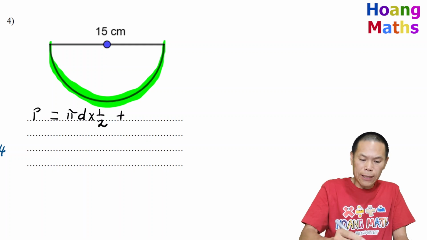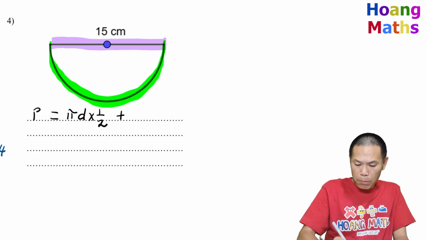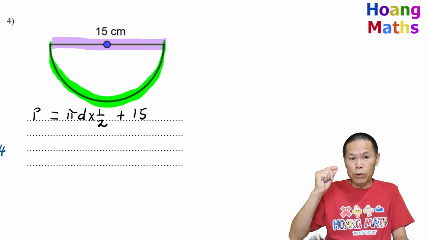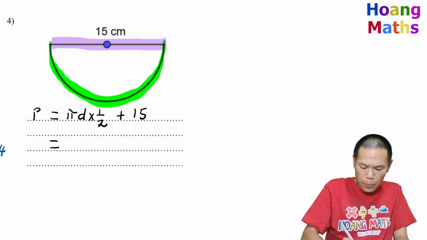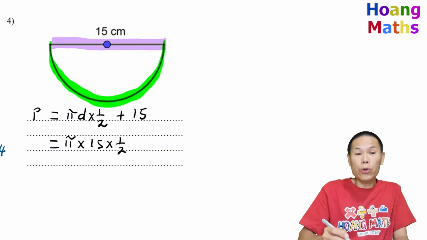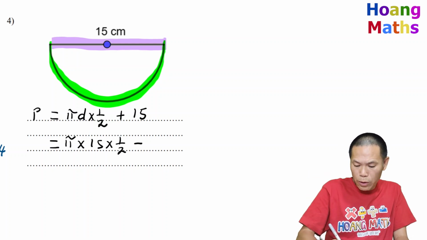Then we need to add this length here, because of perimeter. So that will give us plus 15, and the diameter is 15. So we just need to substitute d with 15. So that is equal to pi times 15 times a half, or you can write divided by 2, of course. So I add 15 first.